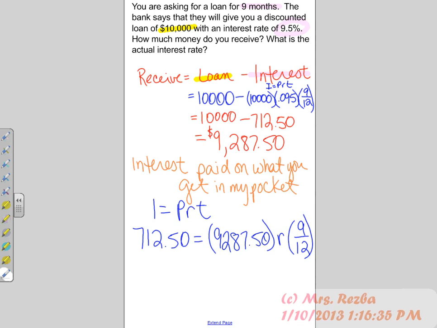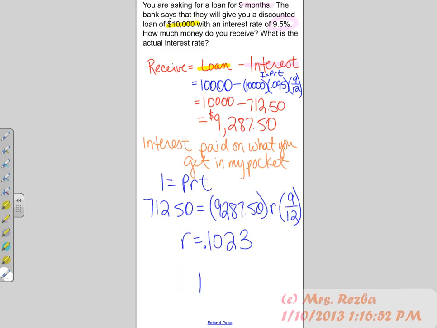So 712.50 divided by 9287.50, multiplied by 12 over 9. And I get R equal to 0.1023, which is 10.23%. So really, because I only got $9,000 and I had to pay $700 in interest, my interest rate was 10.23%.